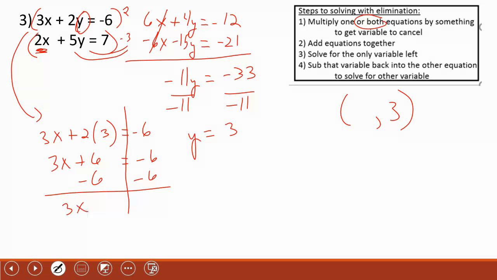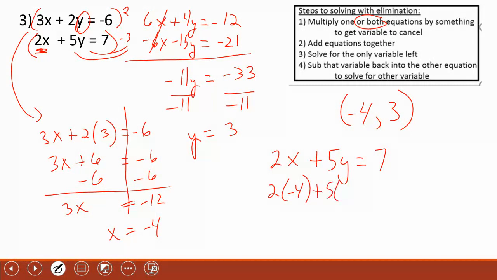So 3x equals negative 12, divided by 3, x equals negative 4. Let's check it in the second equation. Second equation is 2x plus 5y equals 7. So 2 times negative 4 plus 5 times 3, we're going to see if that equals 7. And it does. So we have it.